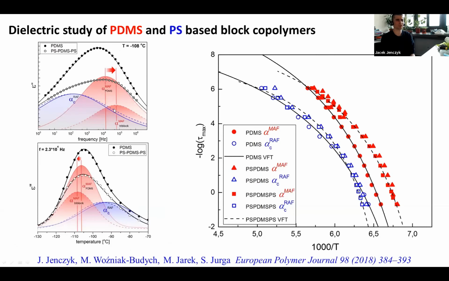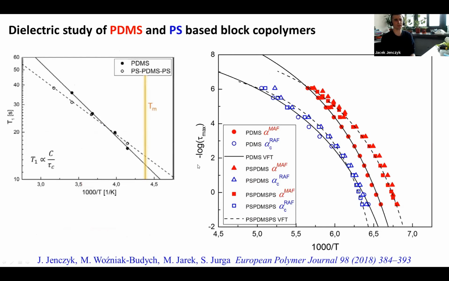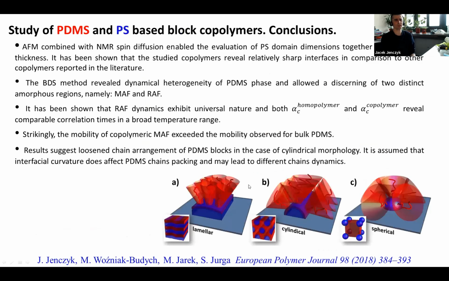What's seen here is that, for example, the mobile amorphous fraction within the diblock copolymers is shifted towards higher frequencies at the same temperature. That means really that our dynamics within the copolymer is slightly faster here.